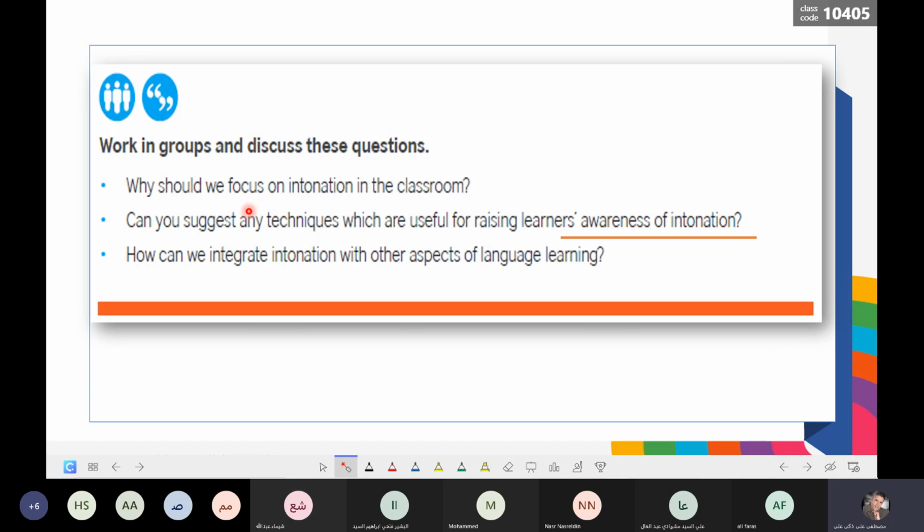When we read all the words in the same level of sound, with the same pitch of sound, with the same intonation, we say, why should we focus on intonation in the classroom?